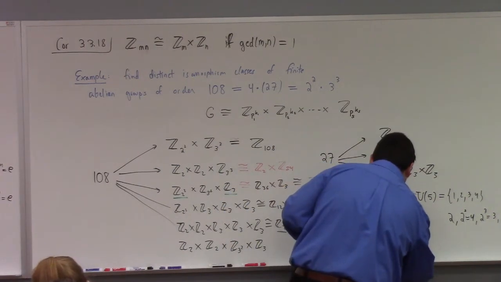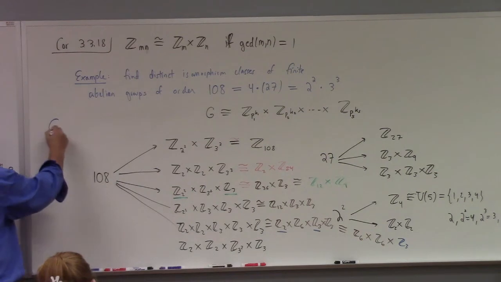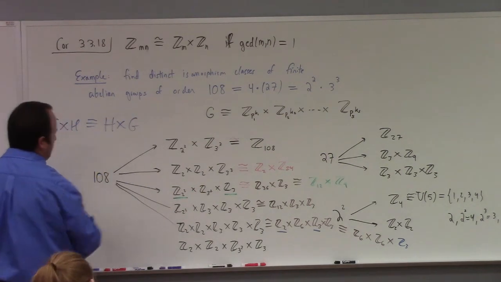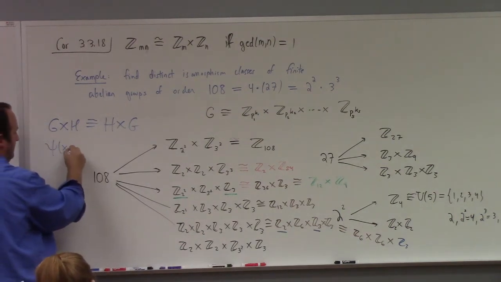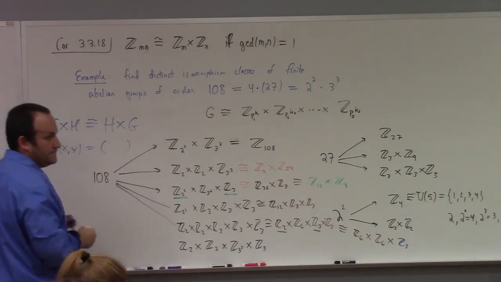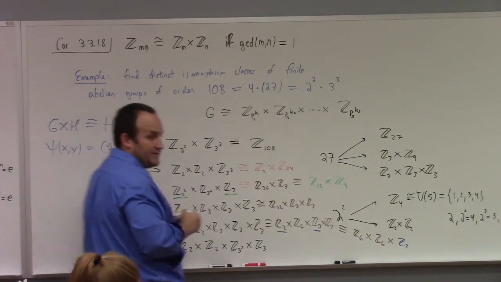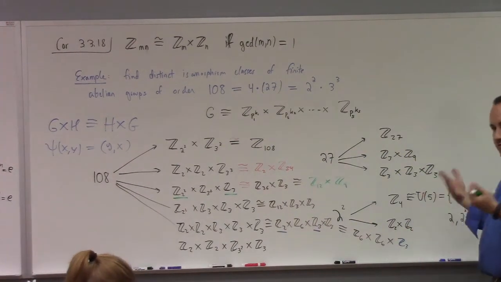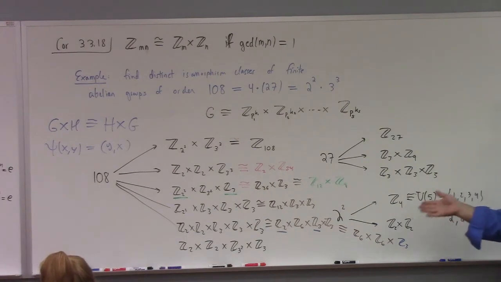Because there is obvious isomorphisms between, like, is G cross H isomorphic to H cross G? And if so, what's the isomorphism? YX, right? And you can prove that that's an isomorphism. Because these are just different notations for the same group. It's just a question of labeling. Which is the first, which is the second, which is the third component.